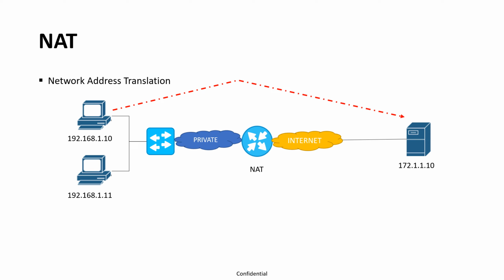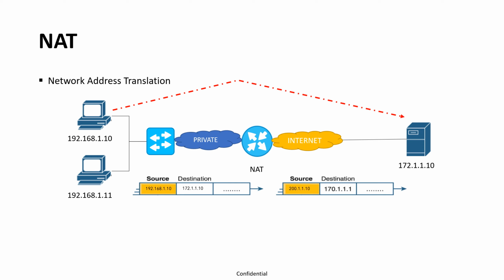What NAT does is translate or change IP addresses inside a packet as it passes through a router. As you can see, the source IP address is changed when it passes through the NAT router.